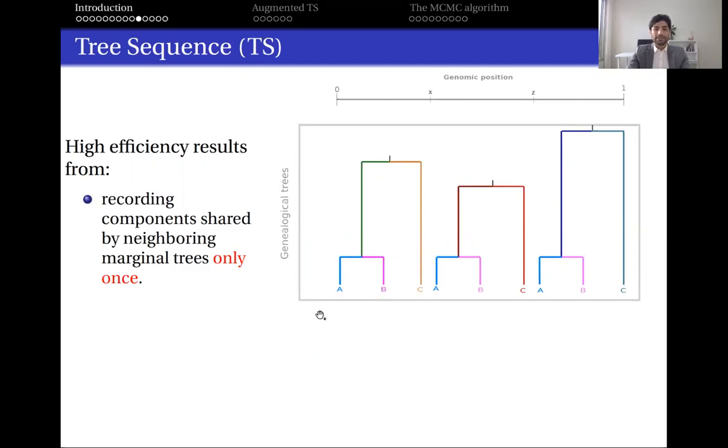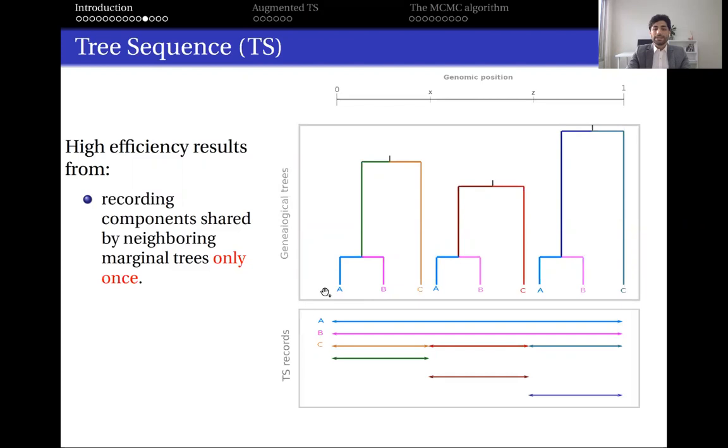But what tree sequence suggests is to only store identical branches once. For example, A, we just store it once for the whole genome from 0 to 1. Again, for branch B, we see that it's identical for all the trees, so we only need to record it once. That's where the efficiency comes from.